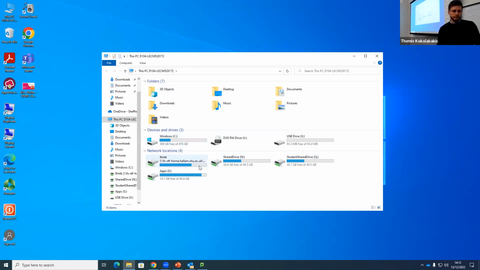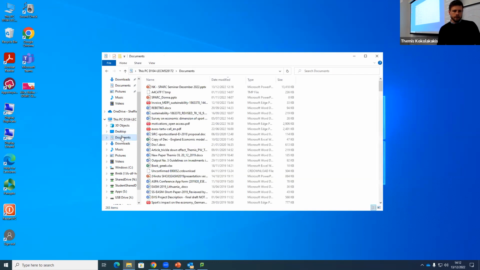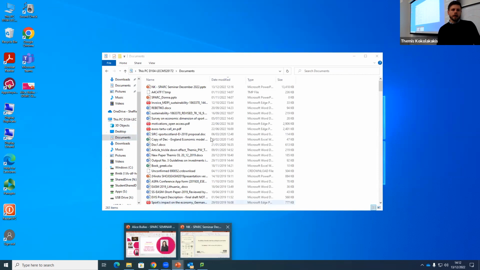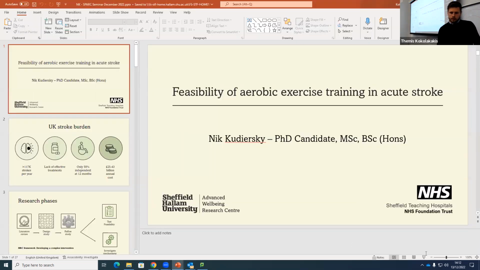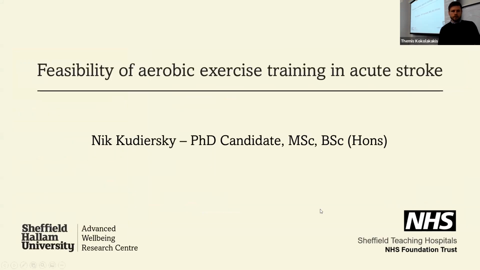It's on documents. Is it open already? Oh, okay, yeah. Close that one, sorry, my bad. Close Alice's one, so it's not on the computer. There we go. Can everybody see that? Okay. Thumbs up, anyone? Yes, Nik, that's great. Okay.